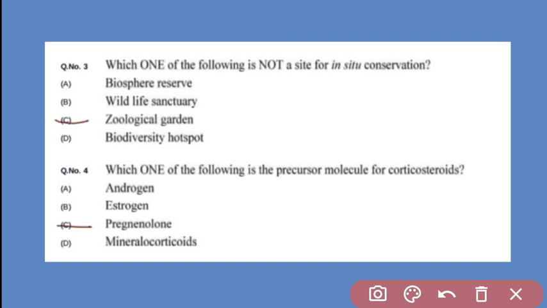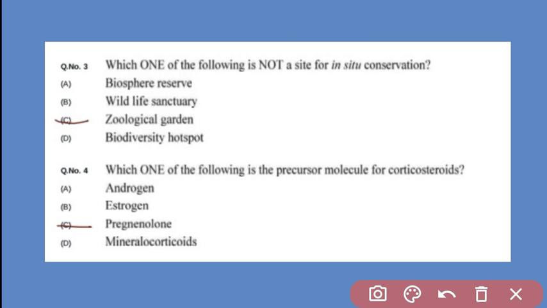Which one of the following is the precursor molecule for corticosteroids? Corticosteroids are steroid hormones produced by the adrenal cortex, including glucocorticoids and mineralocorticoids. Progesterone is a precursor for corticosteroids.